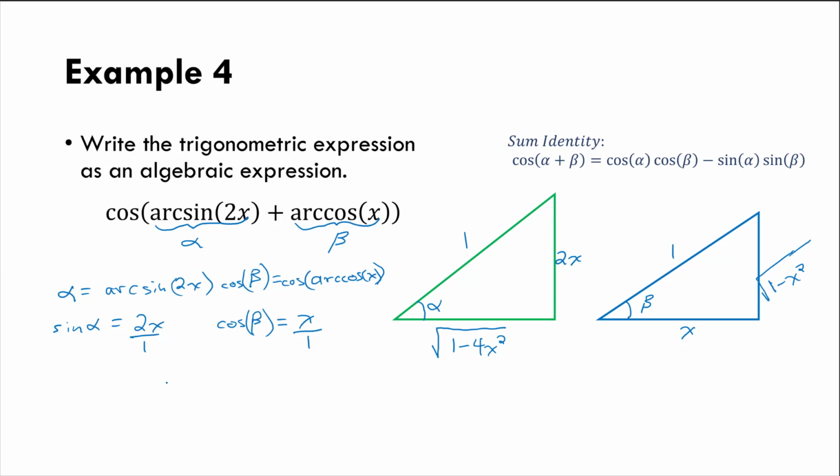So I can go ahead and have a look. Instead of cosine of alpha plus beta, I'm going to rewrite it as the right-hand side of my identity.